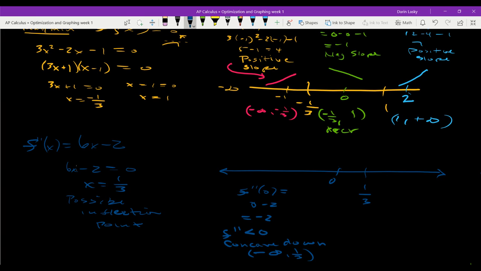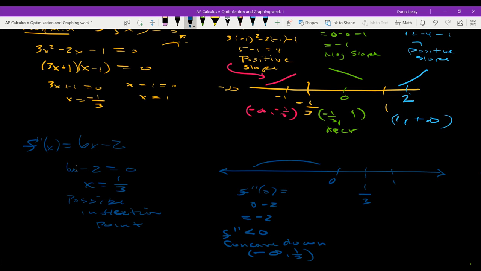So I'm concave down all the way from negative infinity to 1/3. So it doesn't change. What that tells me is that between here and here, I've got a curve that's going to be upside down, like a frown. Concave down like a frown. Now we're going to go over here and I'm going to plug in 1.